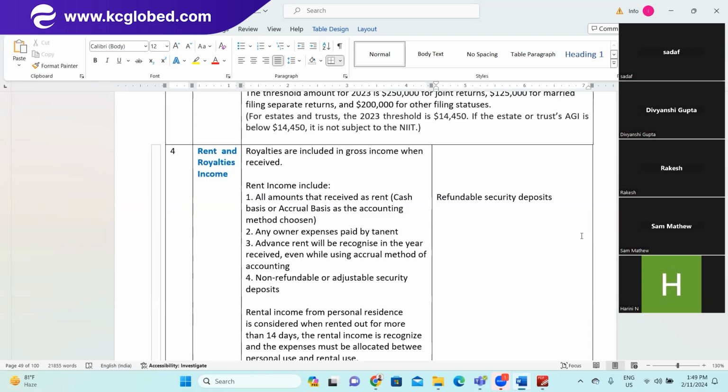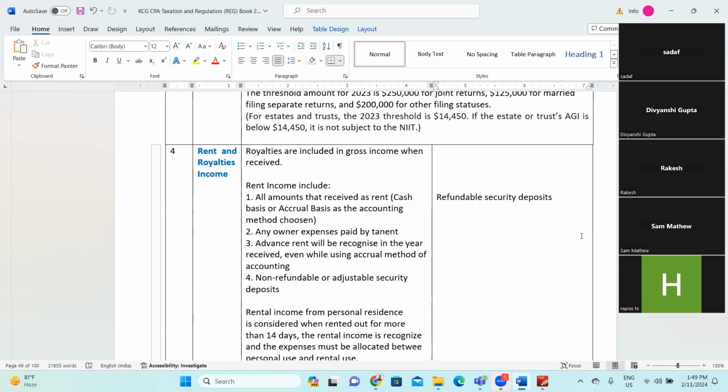On the other side, if an artist has composed music or made a movie or an audio recording and given it to Netflix or Amazon Prime, then they are getting royalty, the per-usage charge, which is considered royalty income. But if it is for a show, then it is professional income.